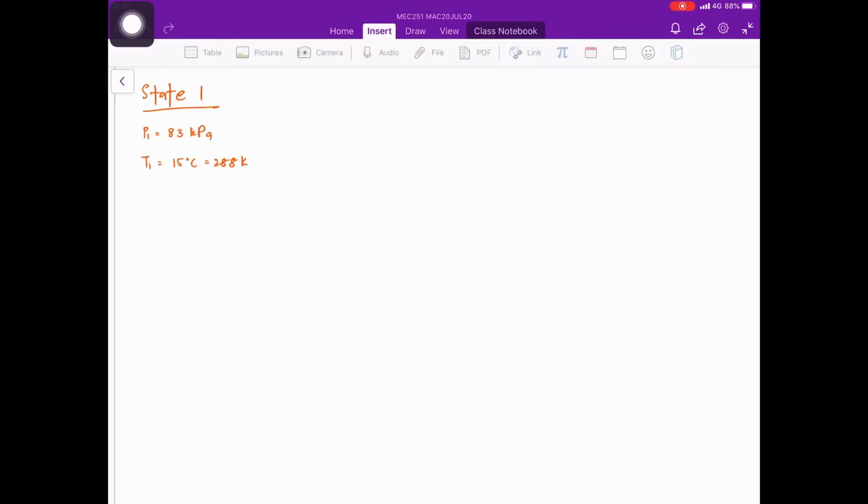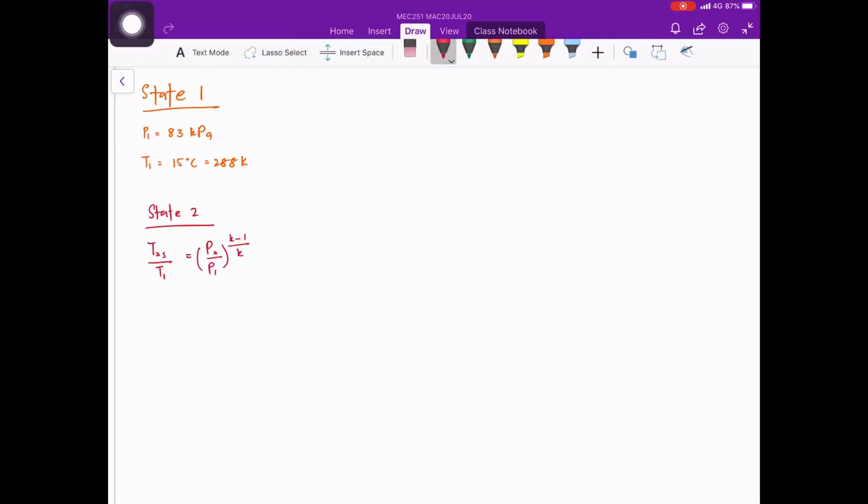For state 1, we already have the temperature, 15 degrees Celsius or equal to 288 Kelvin, as given from the question. In order for us to find the temperature at state 2, we are going to use the isentropic relation between temperature and pressure.